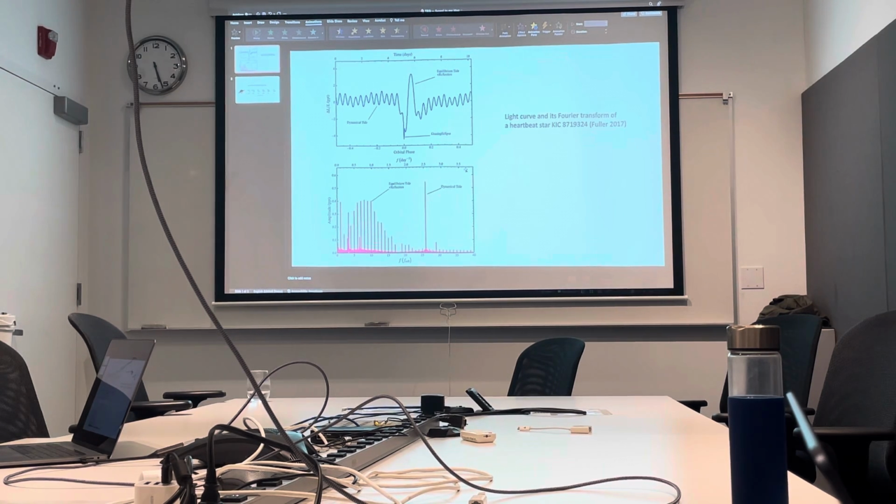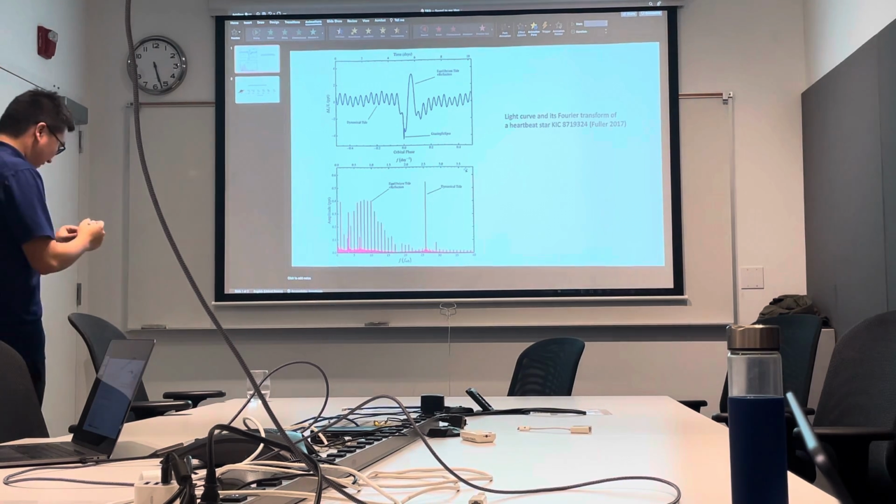And of course, this is the equilibrium tide, so you see a long period but large luminosity perturbation. But you also have all these small oscillation modes inside that provide this feature.